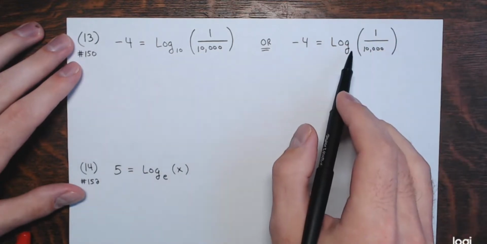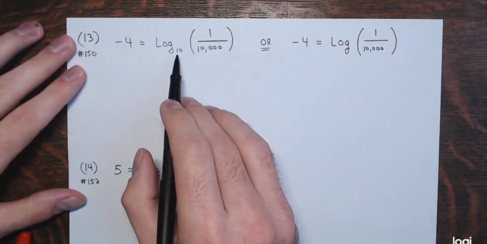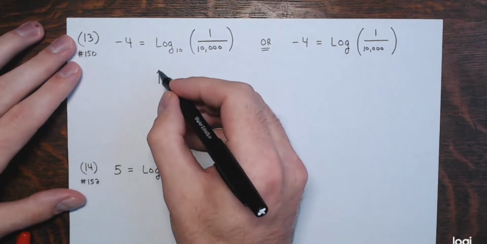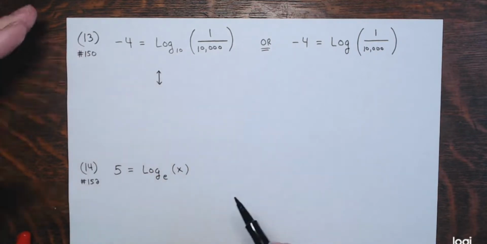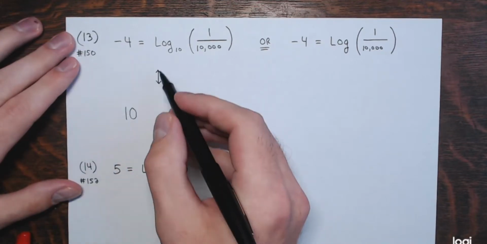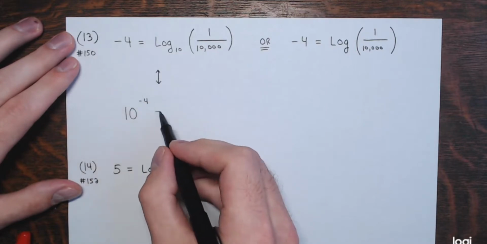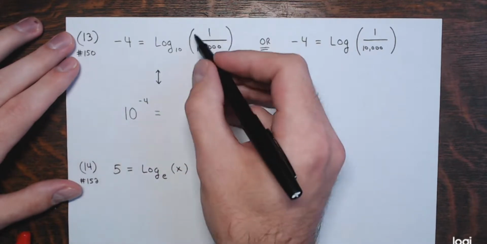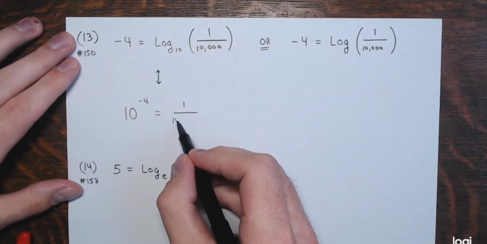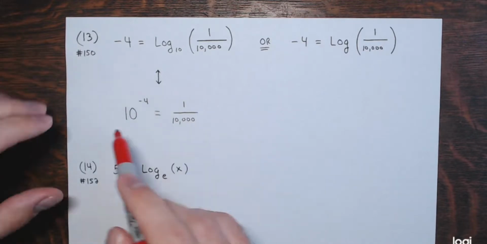If there's no base, you're assuming here in this text that it's base 10. So changing this to exponential form, the base is 10. What the log is equal to is the exponent. 10 to the negative 4th power equals the argument of the log, the input of the log, 1/10,000th. And that's it. That is a true statement as well.